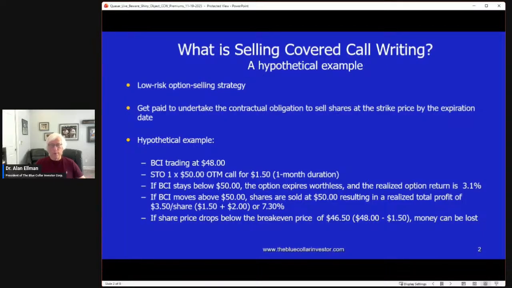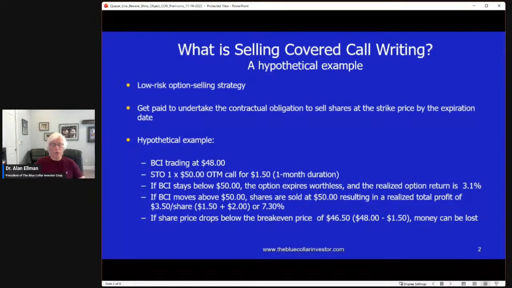Now, what about the other major possible outcome? The price of the stock does in fact supersede the $50 agreed upon sales price on expiration Friday. It moves higher than $50. Now, we could always buy back that option before 4 p.m. Eastern time on expiration Friday, and our shares will not be sold. But let's assume we don't do that and we allow our shares to be sold. Where are we then?